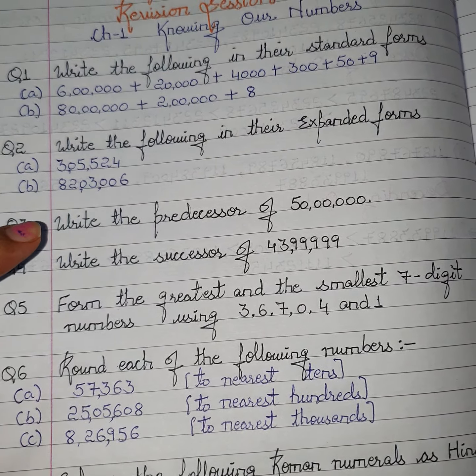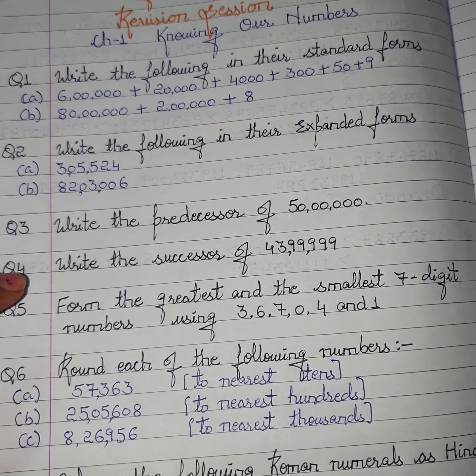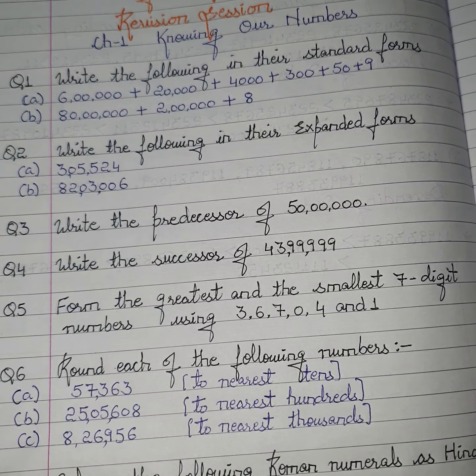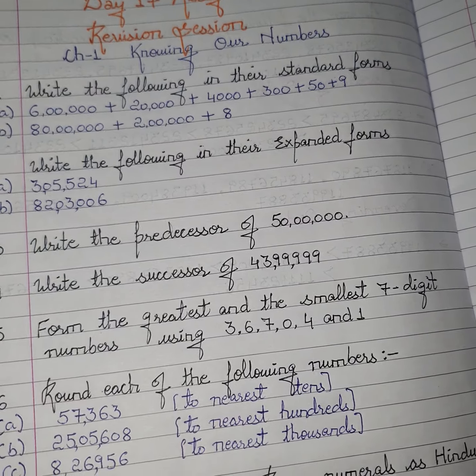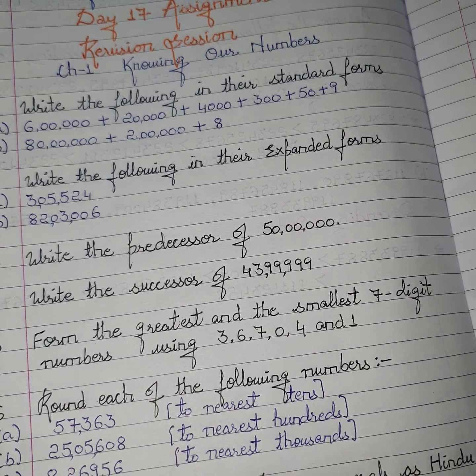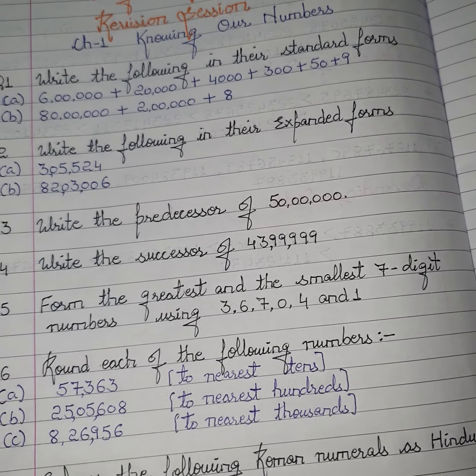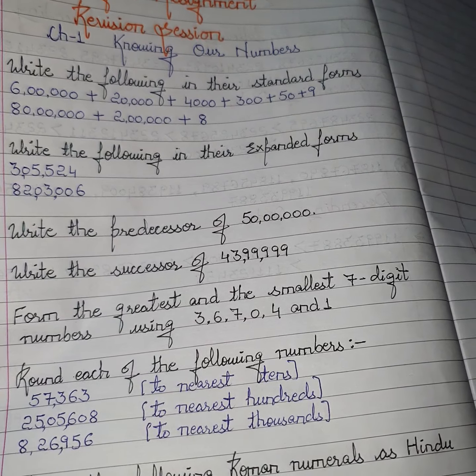Then in question number third, you have to find the predecessor of 50 lakhs. Then in fourth question, you have to write the successor of 43,99,999. And I hope you remember, predecessor means -1 and successor means +1. So solve it. Then in question number 5th, I have given to form the greatest and the smallest 7-digit number.